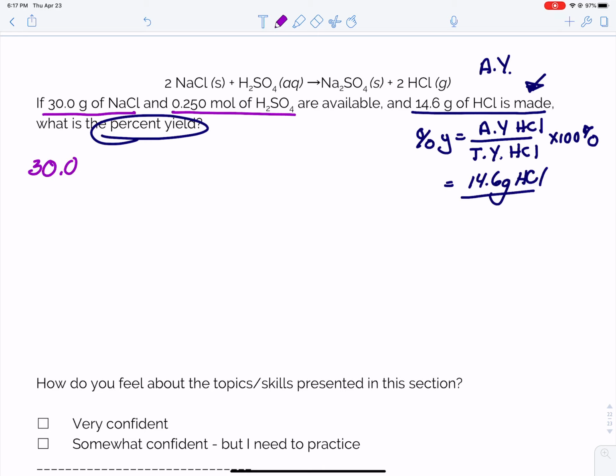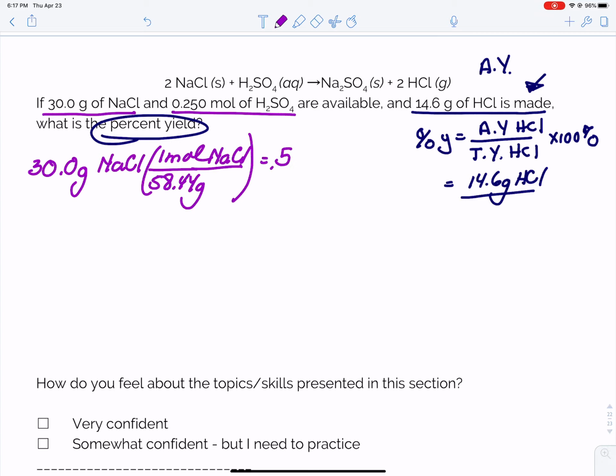So 30.0 grams of NaCl. Convert that guy to moles, divided by 58.44, and that equals 0.5133 moles of NaCl, right?